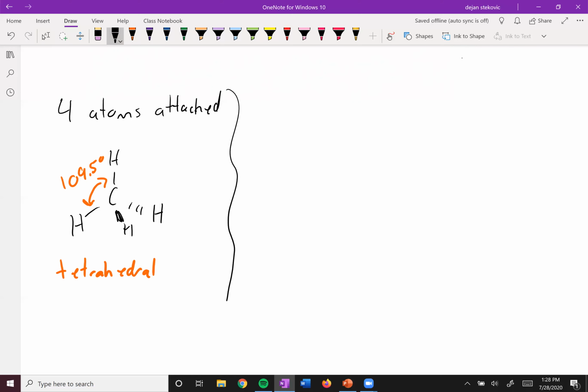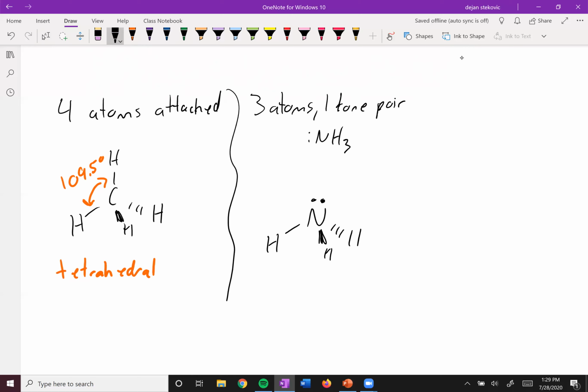And so then we can talk about another thing that has 4 things attached, but in this case we have 3 atoms and then 1 lone pair. And so then an example of that is NH3. So we'll have this nitrogen with this lone pair and then 3 hydrogens attached in a tetrahedral fashion.